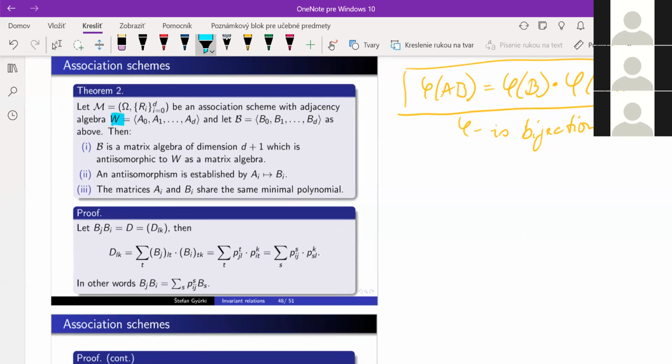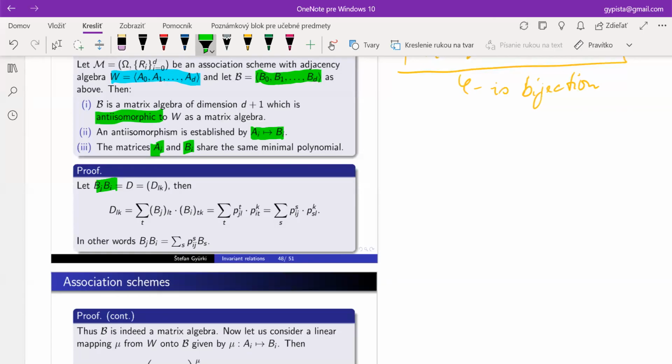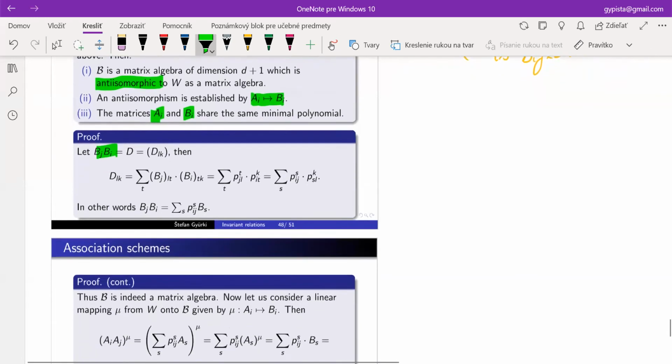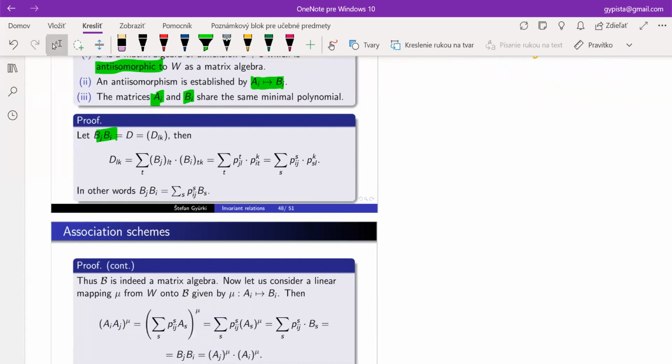So if you consider the usual algebra of the corresponding scheme, it is enough to work with the product of matrices and to expand the obtained expressions.